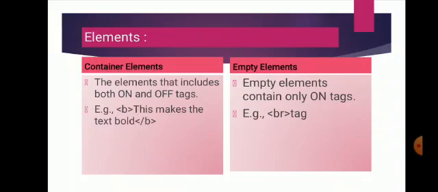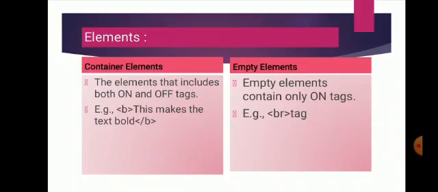For example, for writing bold text, you have to put B in between the greater and smaller sign, then write the text, and then close it with the off tag also. Whereas in an empty tag, you just write BR in between the greater and smaller signs, and it breaks the line and displays the text from the next line. So for an empty element you don't need an off tag; it functions only with the on tag.